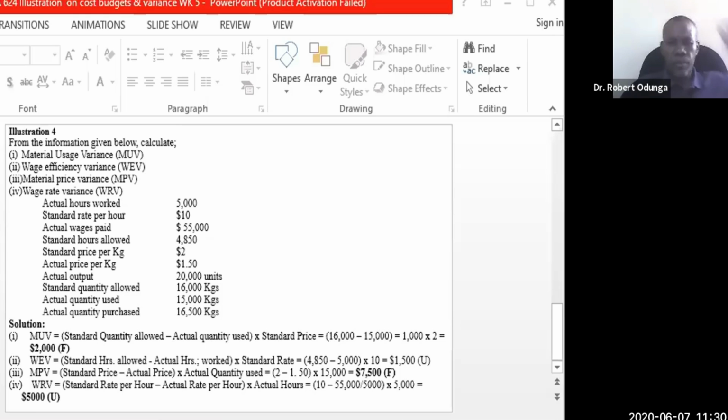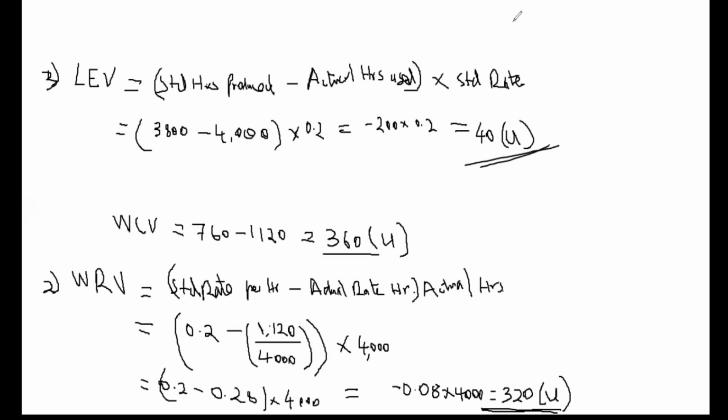Okay, so we can erase this. So number one, we've been asked to determine the material usage variance.